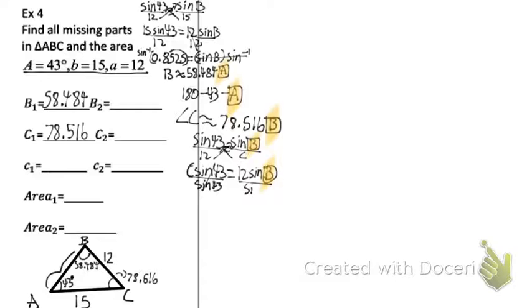So C1 equals 17.243. So over here, 17.243.